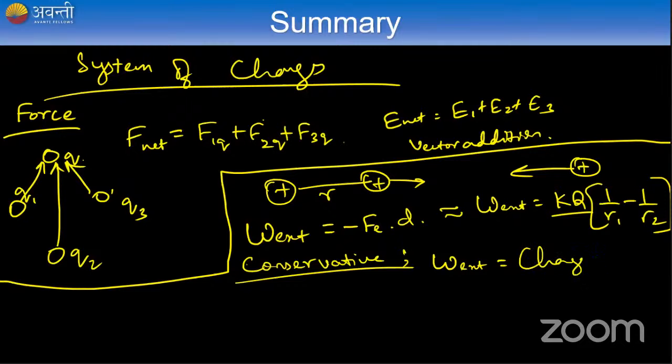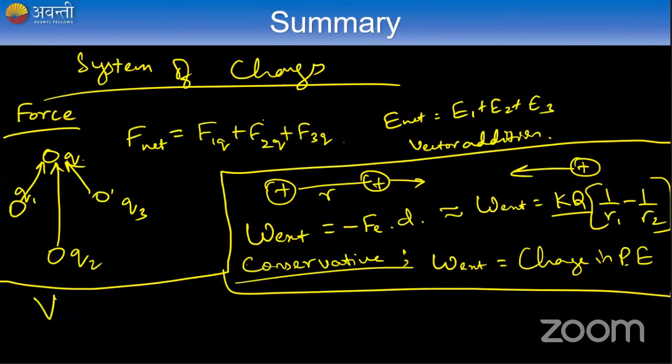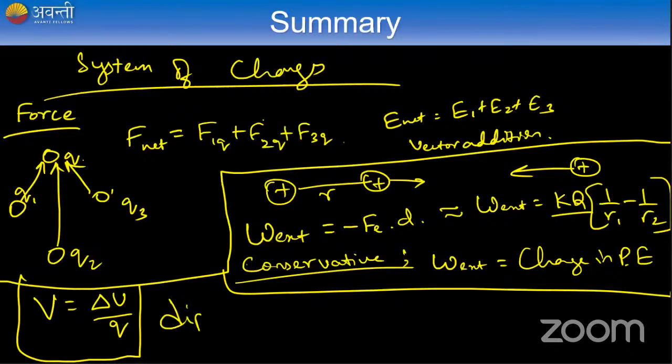Okay. Then we started with electric potential. It's nothing but the change in potential energy per unit charge that was my potential. So next we try to check for the conditions of dipoles and continuous charge distribution.